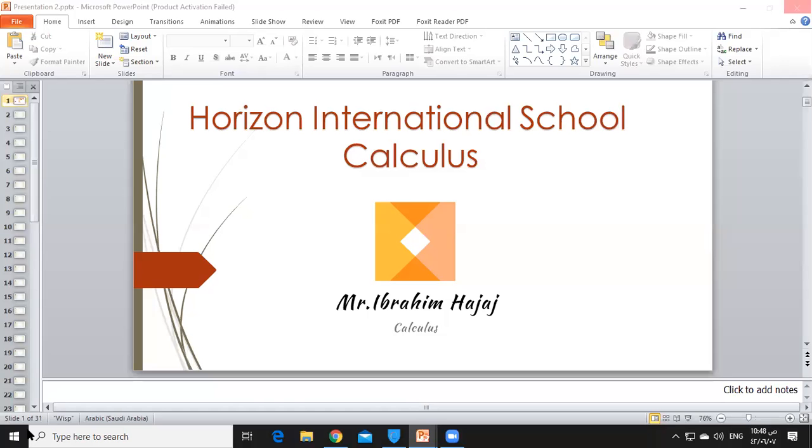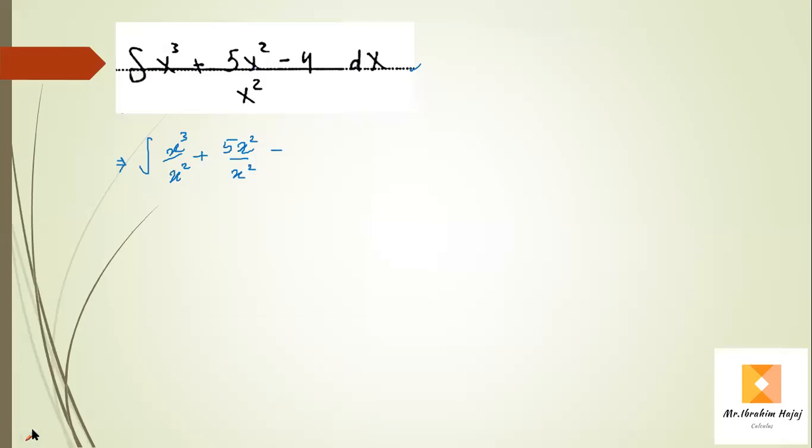Fix the mic. The integral of x to the power 3 over x squared plus 5x squared over x squared minus 4 over x squared dx. Minus, not plus. Minus 4 over x squared.